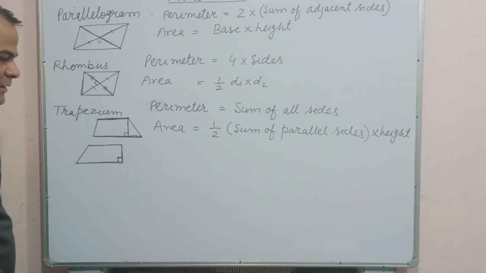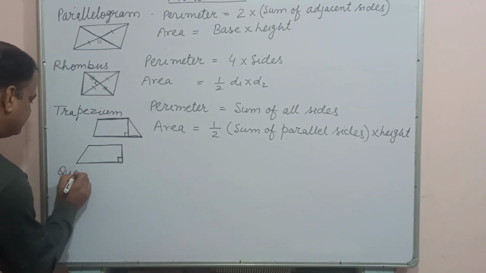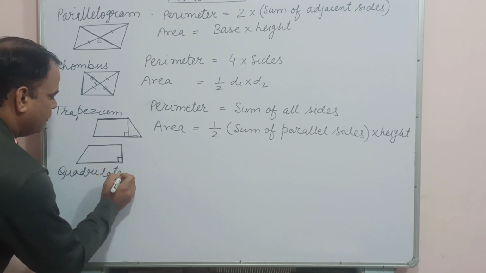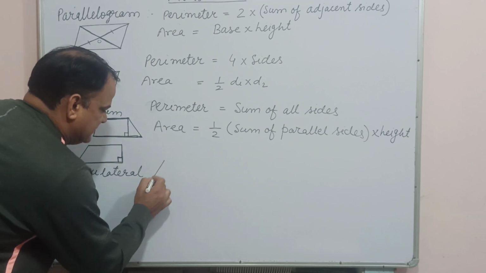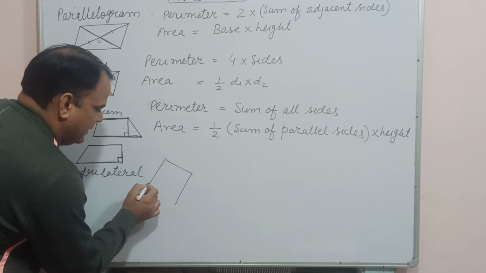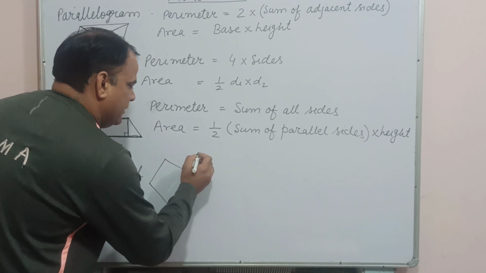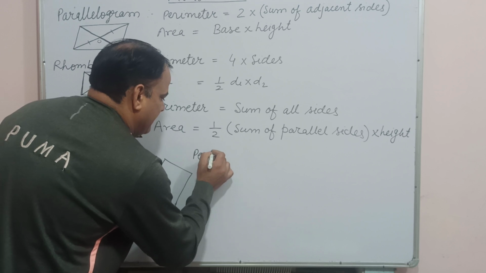This is our trapezium. Now the next figure is quadrilateral. Any type of quadrilateral, this is any type of figure that is a quadrilateral. And the perimeter equals the sum of sides.